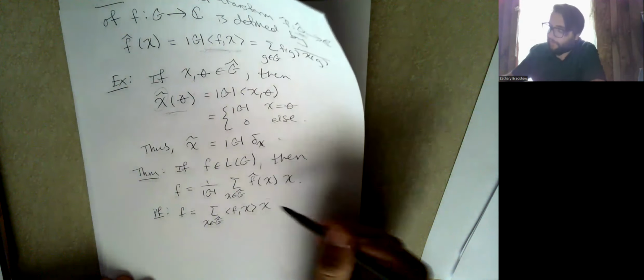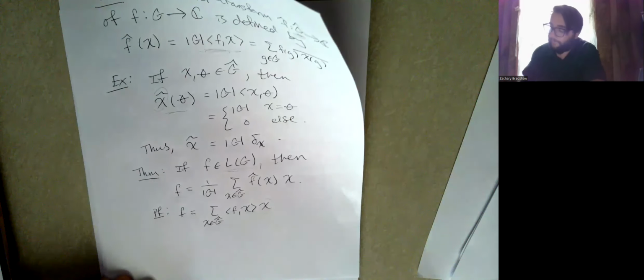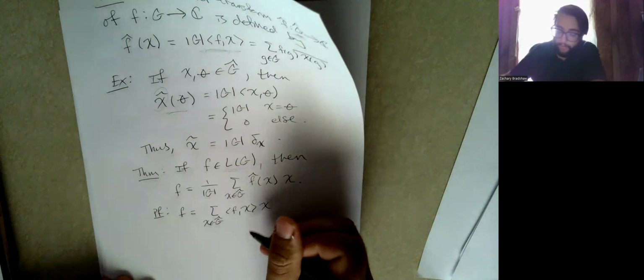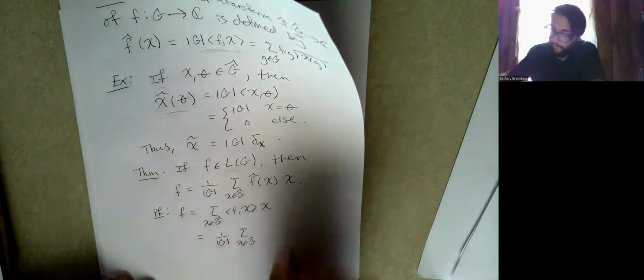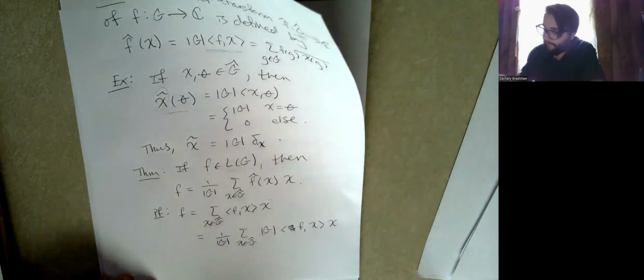Because these chi form an orthonormal basis for the group algebra here. And this is equal to 1 over the order of G, sum over chi in the dual group, the order of G, f, oops, that should be an f, inner product with chi times chi.